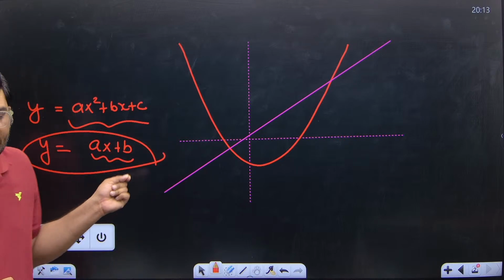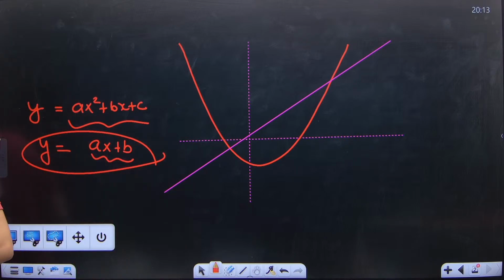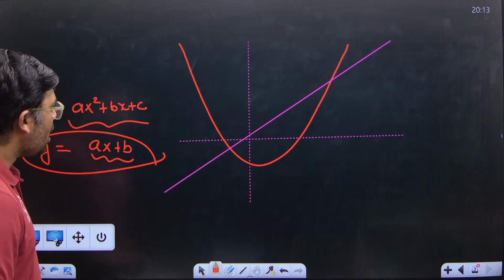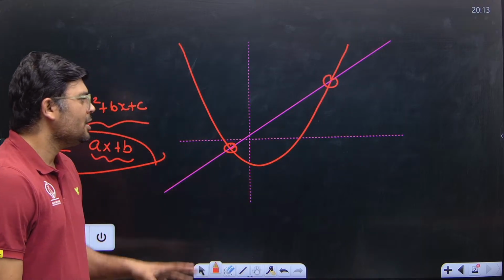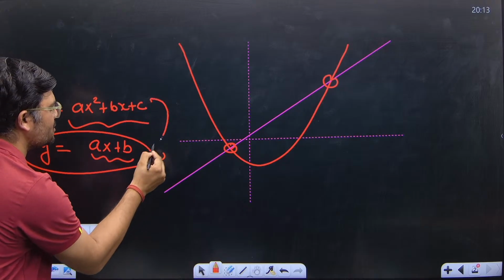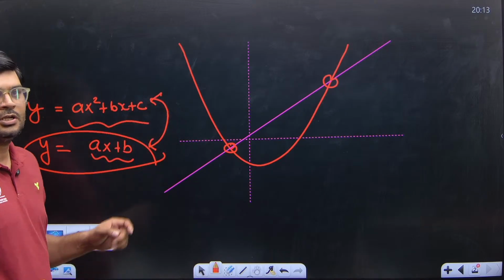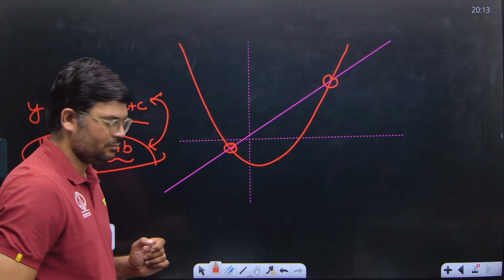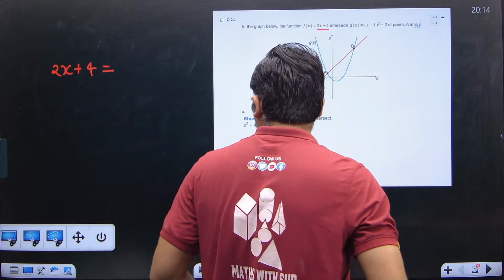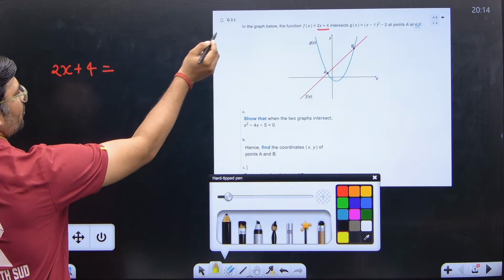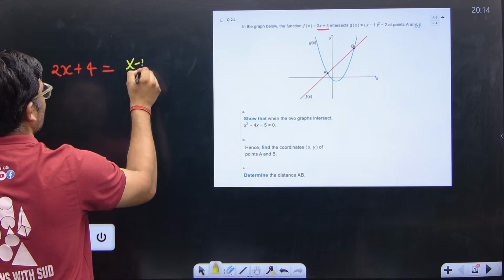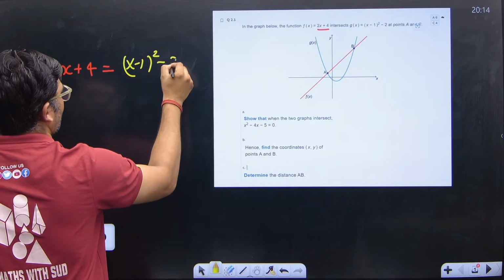Now these two points are the points where this equation has become equal to this equation. Understood now? Yes. So what we will do? We will write 2x plus 4 is equal to, what is the other equation? (x minus 1) whole square minus 2.